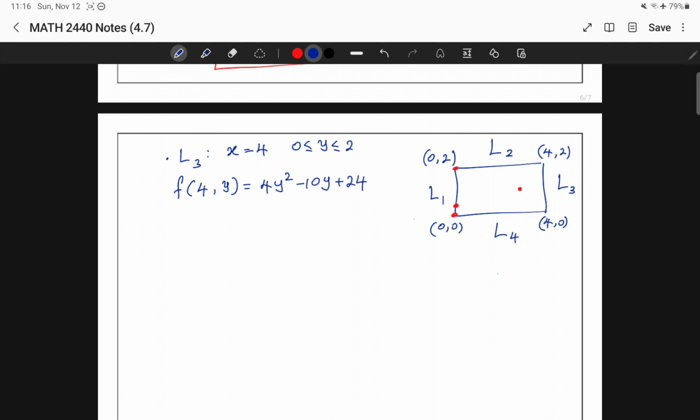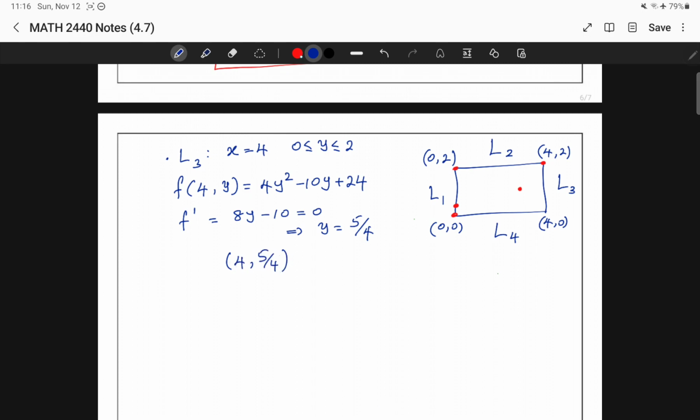I forgot to mark that point. To find the maximum or minimum, you find the derivative, make it equal to 0, and you get y equals 5 over 4. So the point is (4, 5/4).